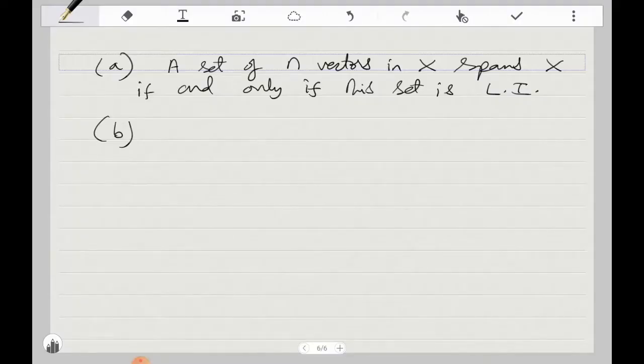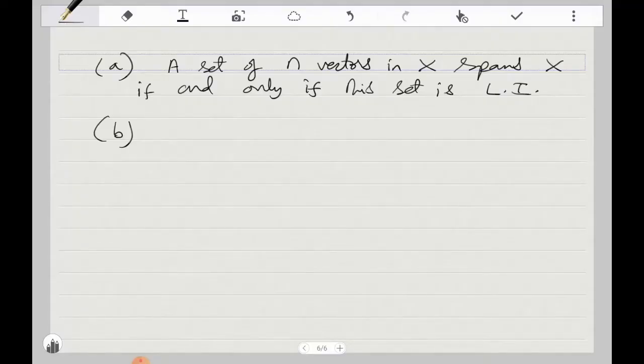First, look at the number of elements in that set. If that is equal to the dimension, then we can either check whether the spanning property holds or whether they are linearly independent. We don't have to check both. That's the content of the statement.